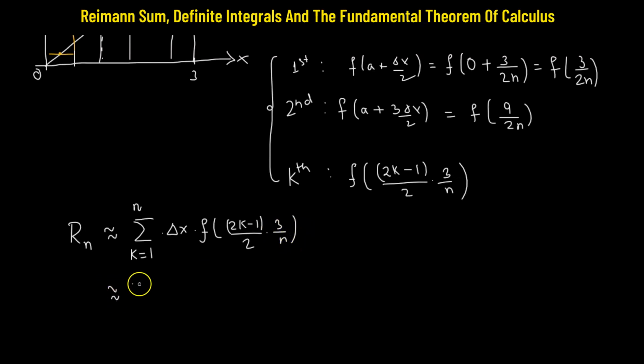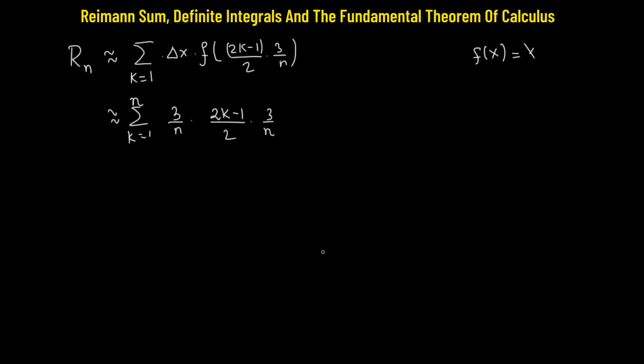Right. So let's substitute the values. So we have the summation going from k equals 1 to n. We have delta x, so delta x will be 3 over n. Our function is given by f of x equals x. So f of 2k minus 1 over 2 times 3 over n will be simply 2k minus 1 over 2 times 3 over n.